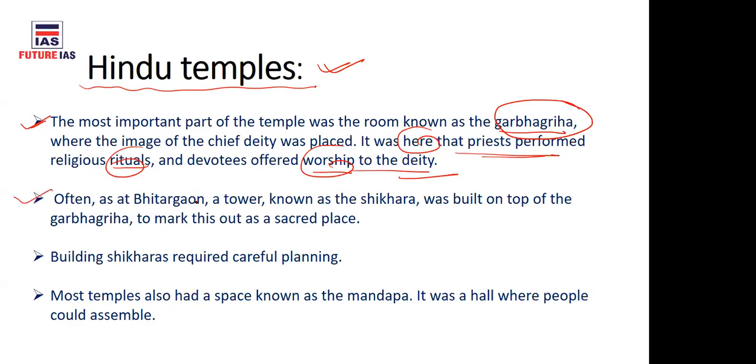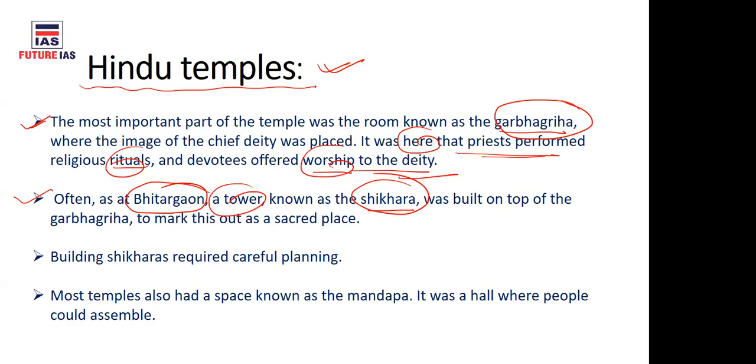Often the tower, which is also known as shikhara, is built above it. आपने मंदिर के ऊपर देखा होगा, मंदिर के ऊपर एक शिखर की तरह एक टावर होती है. This tower would always be built on the top of the garbhagriha. अच्छे से देखेंगे तो आपको लगेगा कि वो टावर केवल गर्भगृह के ऊपर ही बनाया जाता है, just on the top of that room.